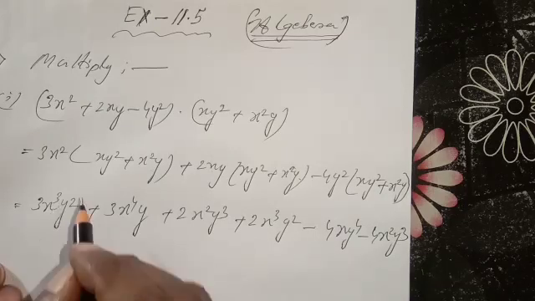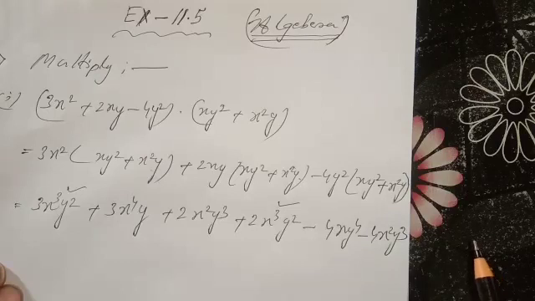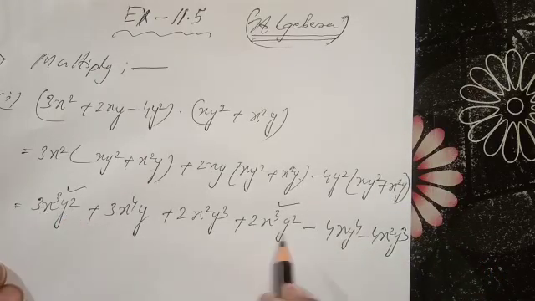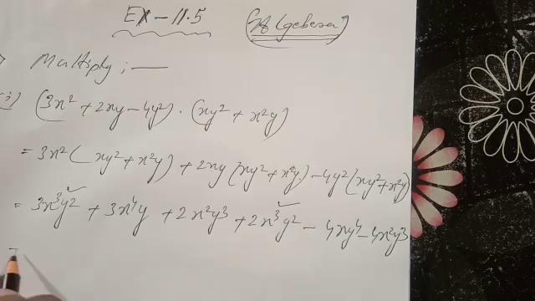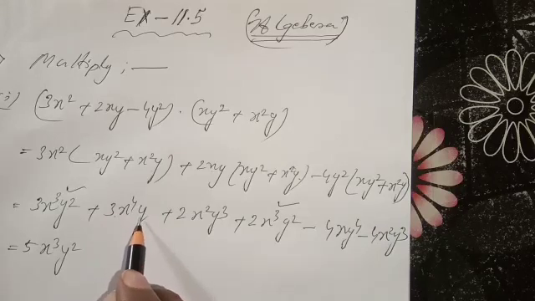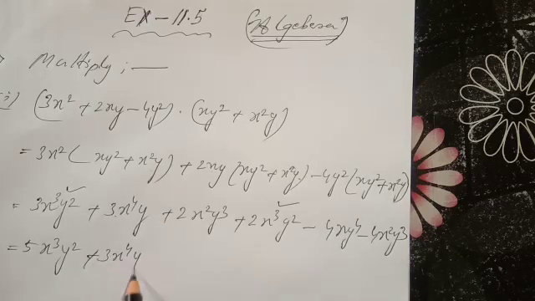Now see which are the like terms. X cube y square, x cube y square. 3x cube y square, here 2x cube y square: 3 plus 2, 5 x cube y square. Next 3 x to the power 4 y, there is no other x to the power 4 y.